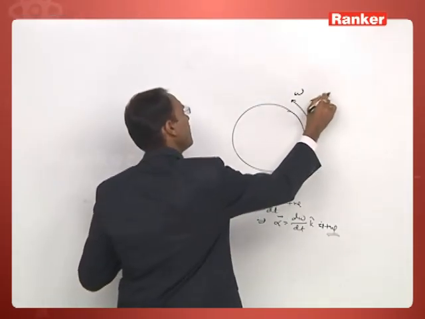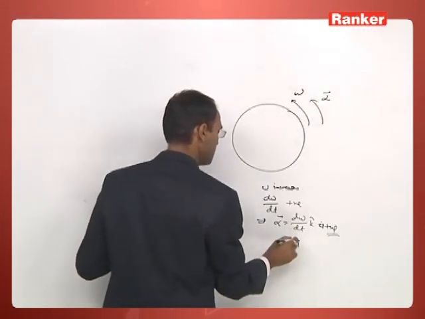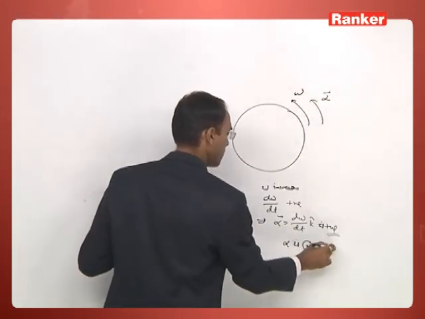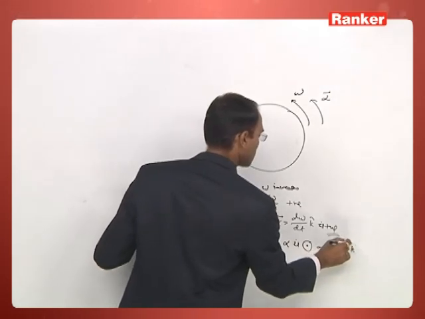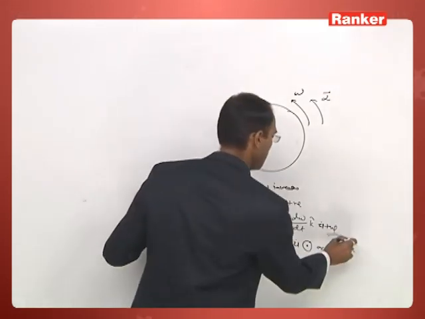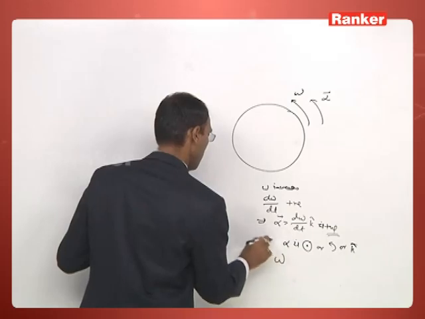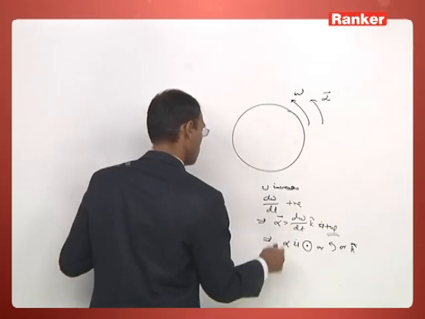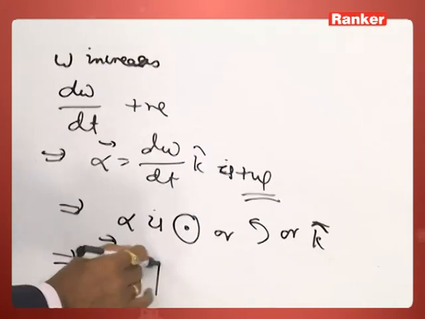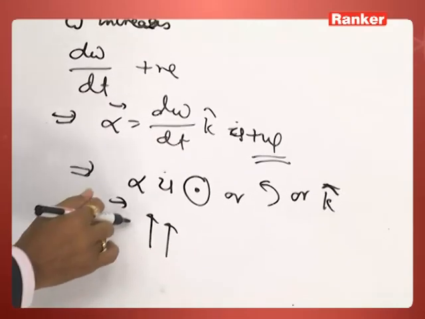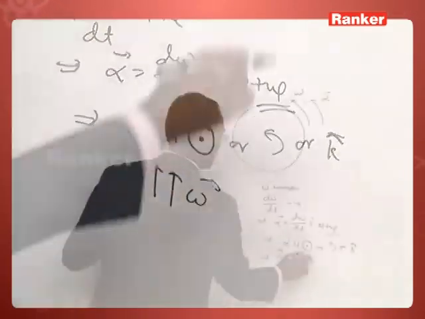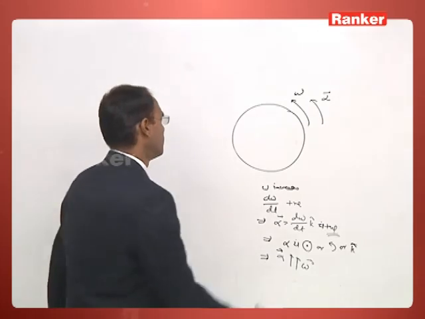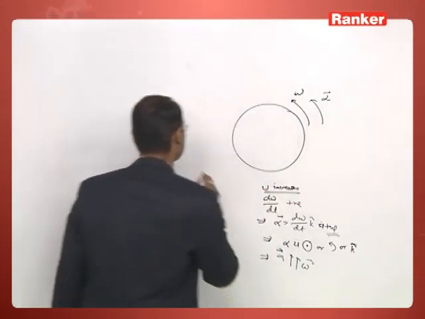Therefore, alpha is either outward, or anticlockwise, or directed in positive z direction. In other words, we can say that alpha is parallel to omega. In this case, omega increases.